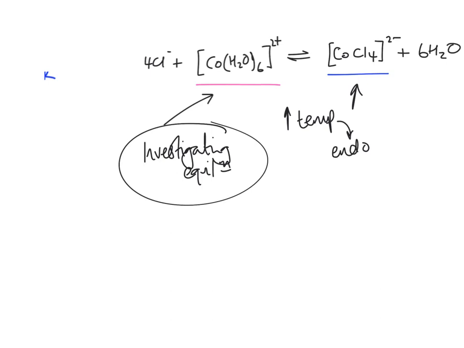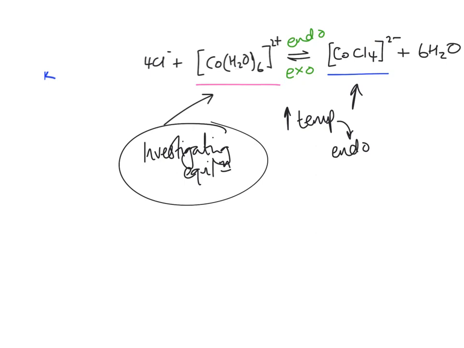Now the fact that our test tube has become more blue means it's shifted to the right hand side. So this is telling us that going from left to right is endothermic, and vice versa, therefore this must be exothermic, going right to left.